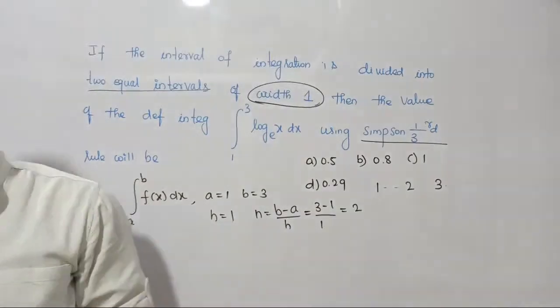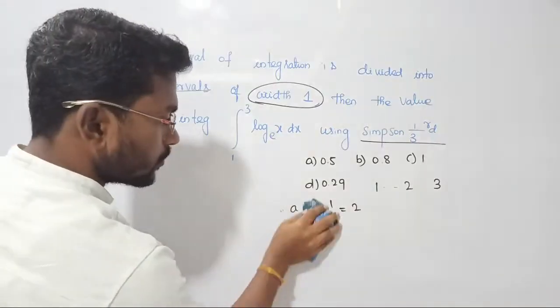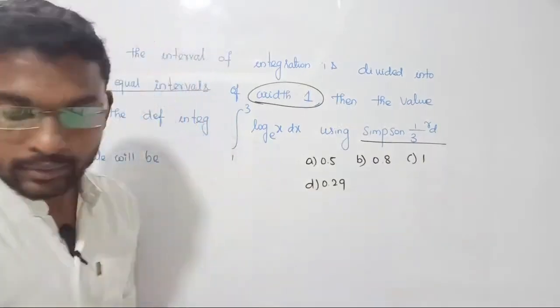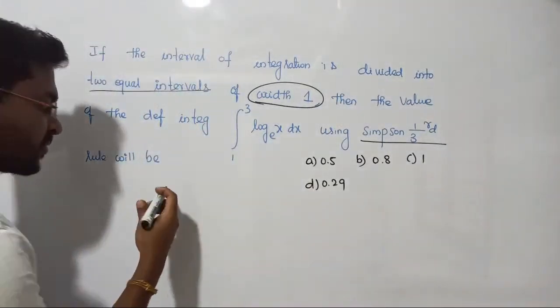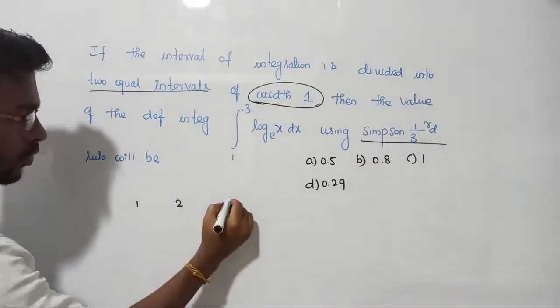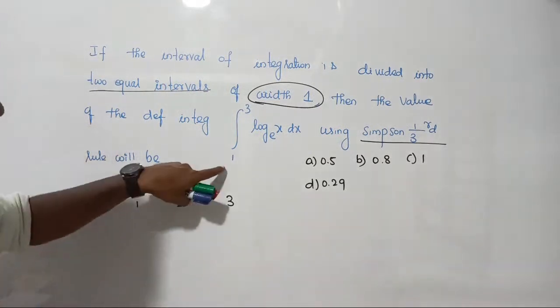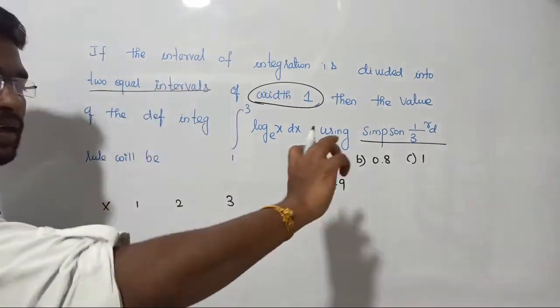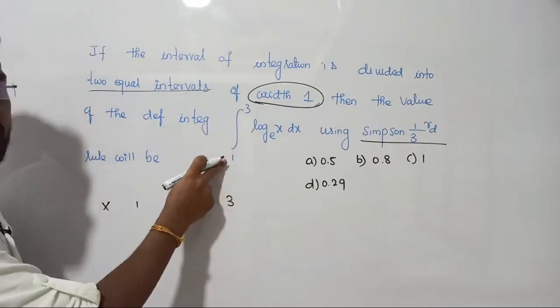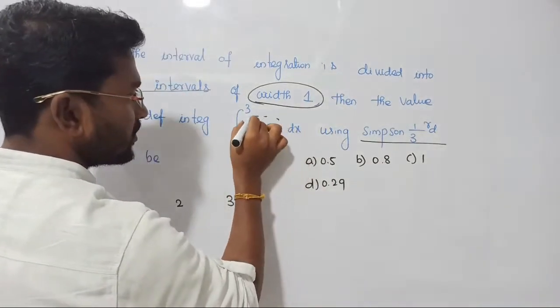So let me develop the blocks for this. Let us rub this one. What we have understood is we have to create 1, 2, 3. These are the x values. In the x-axis we are considering this limit from 1 to 3. This is the y-axis value, f of x.